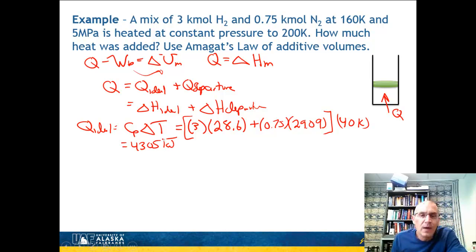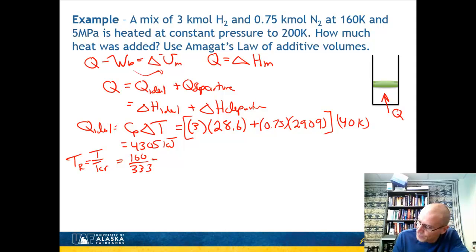So there's my ideal. And now I need to know the departure terms, which means I need to determine reduced temperatures and pressures of each of those. Remember, reduced temperature is T over T critical. So if I do this first for hydrogen, I have 160 over 33.3, and that's equal to 4.8.